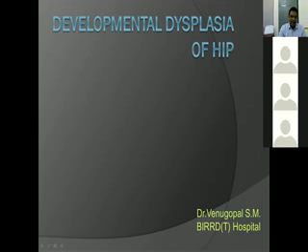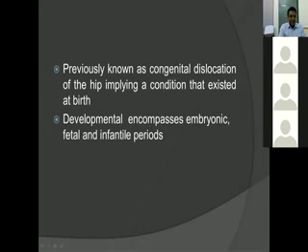As you are seeing on the screen, the title given here is developmental dysplasia of hip. You might be wondering why the topic given was congenital dislocation, whereas he has put the title as developmental dysplasia of hip. Previously it was called congenital dislocation of hip, implying a condition which existed at birth.